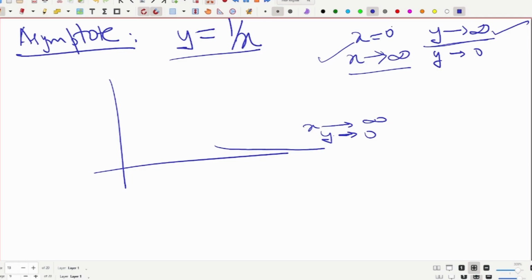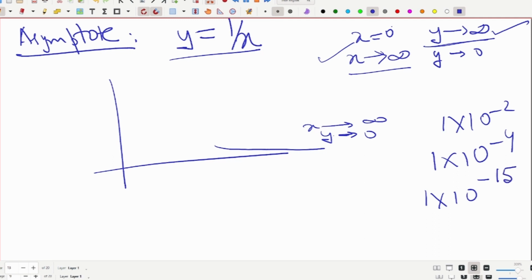So, as x increases, the value of y will become less and less, but because we can never reach infinity, we can never reach y equal to 0. Like you might say 1 into 10 to power minus 2, then 10 to power minus 4, or even 1 into 10 to power minus 15.